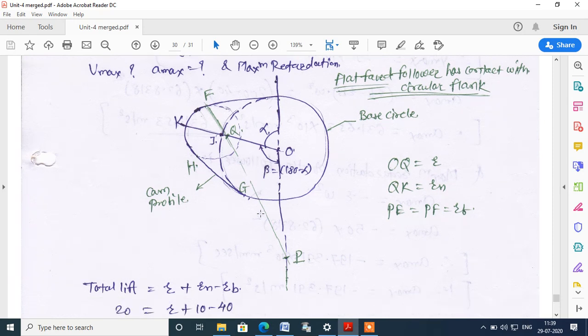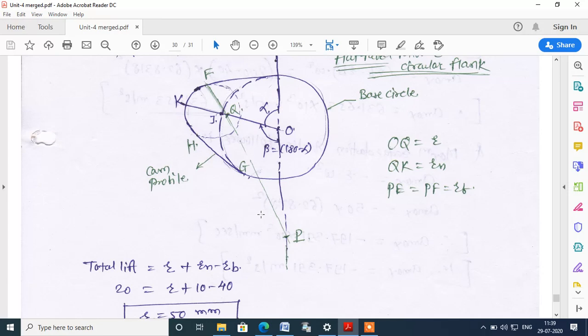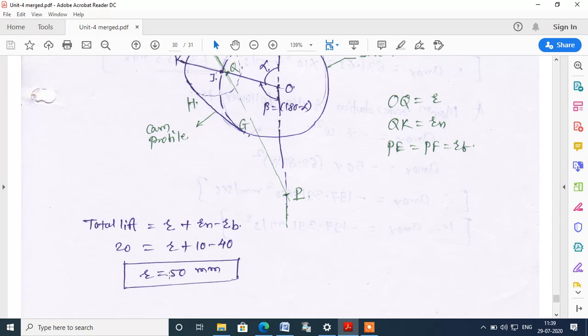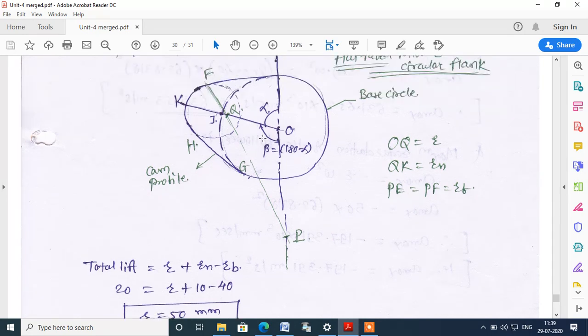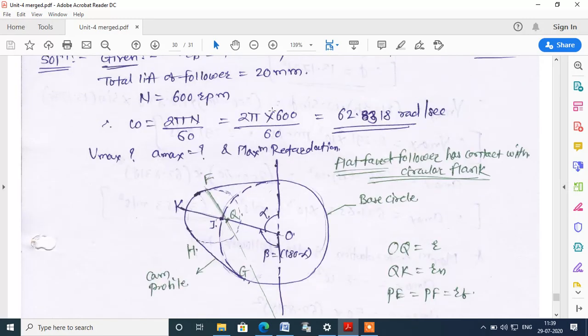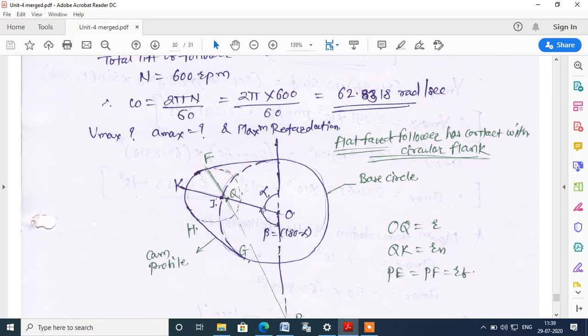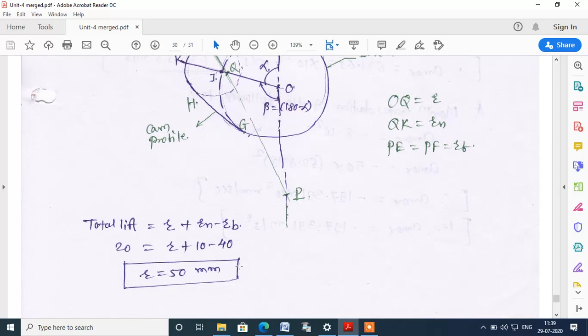The total lift is 20, so lift equals R plus RN minus RB. R plus RN minus RB, where RN is 10 and RB is 40. So we get R is 50. This angle is alpha, this angle is beta. Alpha is 60 degrees, whatever we just calculated, so beta is 180 minus 60.